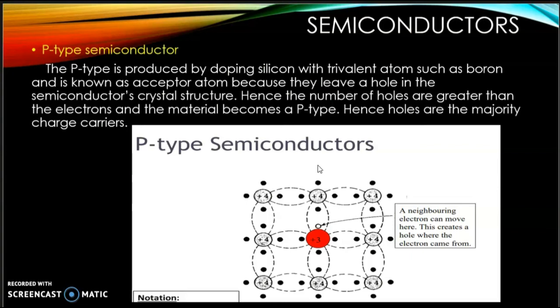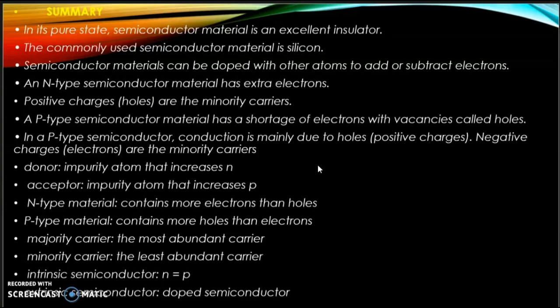Let's look at a summary of all we've learned today. We said in its pure state, a semiconductor is an excellent insulator. So when a semiconductor is in its pure state and we've added no impurity, it can serve as a very good insulator.